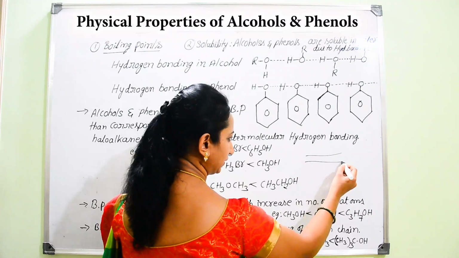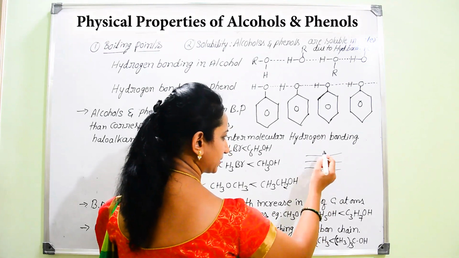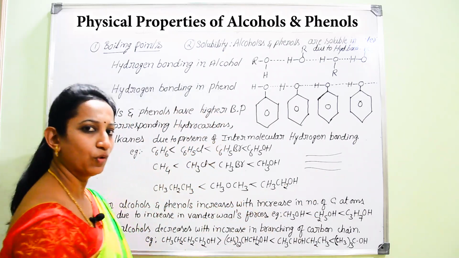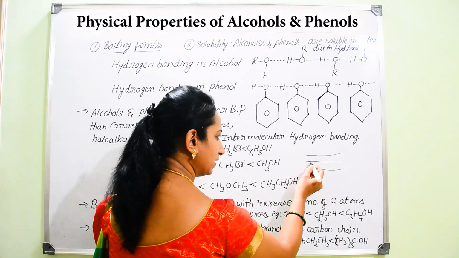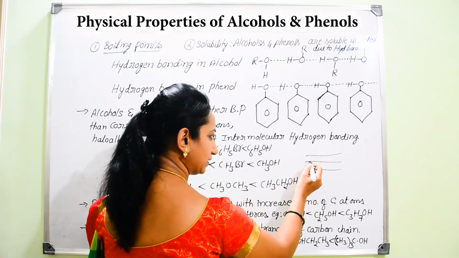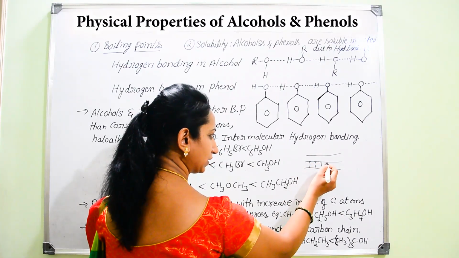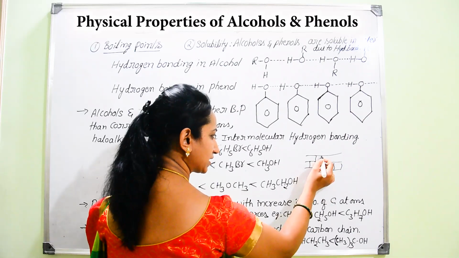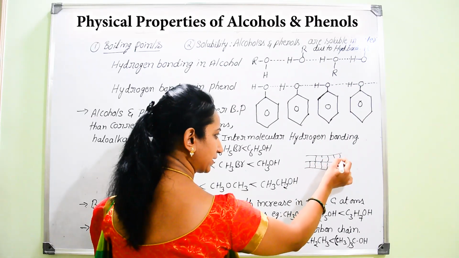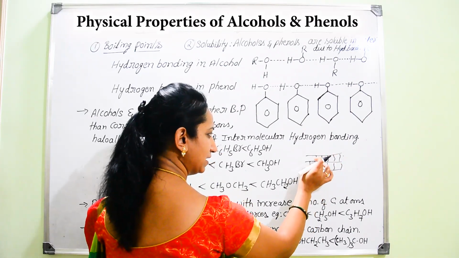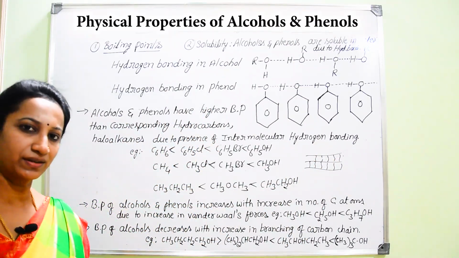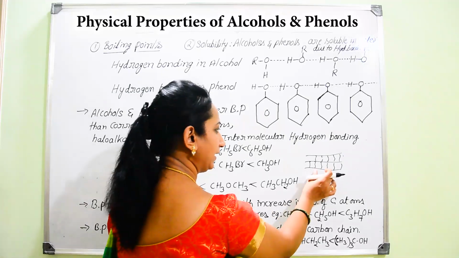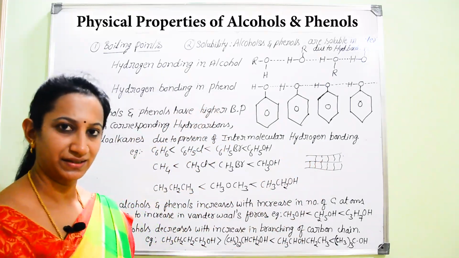If the molecule has a lengthy parent chain, then there will be much space between these molecules, hence much intermolecular force of attraction exists between them. Because of more surface area, there will be more van der Waals forces of attraction. They can bind together strongly and their boiling point will be much higher.